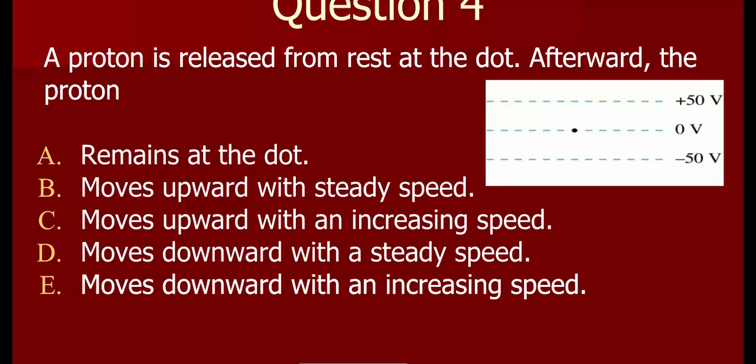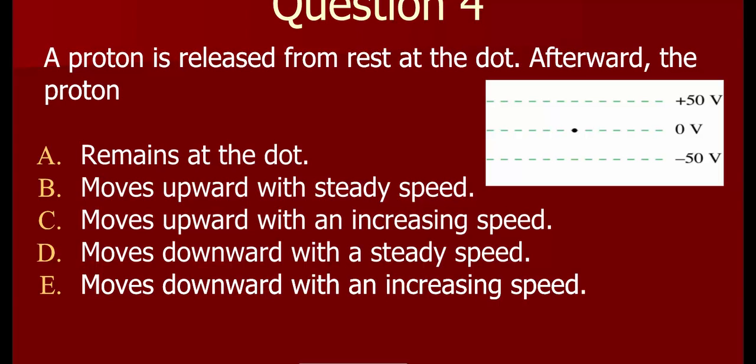A proton is released from rest at the dot. Afterwards, the proton stays there, moves up with a steady speed, moves up accelerating with an increasing speed, moves downward with a steady speed, or accelerates downward.